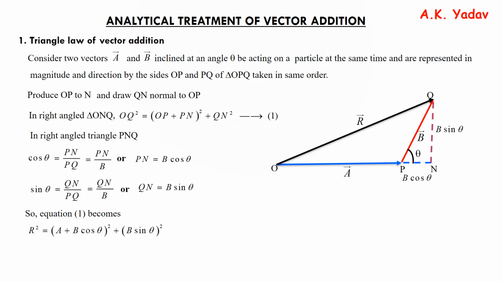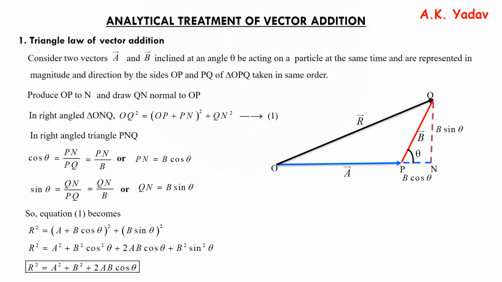So what we get, R square is equal to (A plus B cos theta) whole square plus (B sine theta) whole square. On solving, we get R square is equal to A square plus B square plus 2AB cos theta, which is the magnitude of the resultant. You can have R is equal to under root of A square plus B square plus 2AB cos theta.